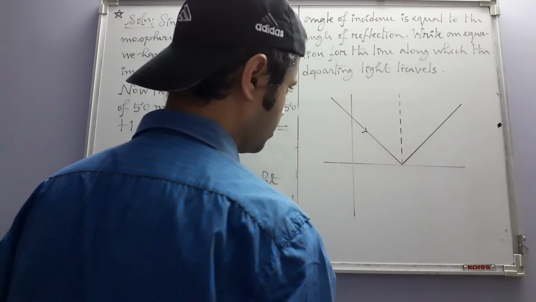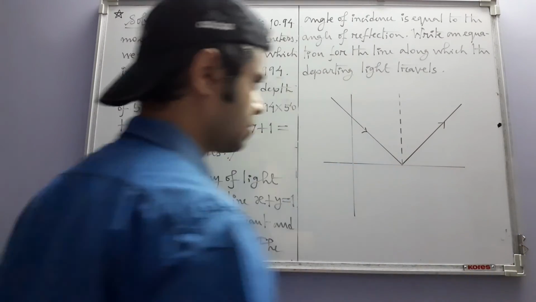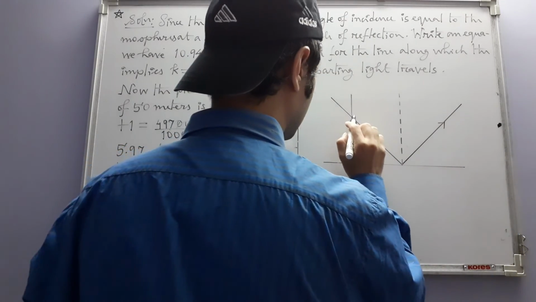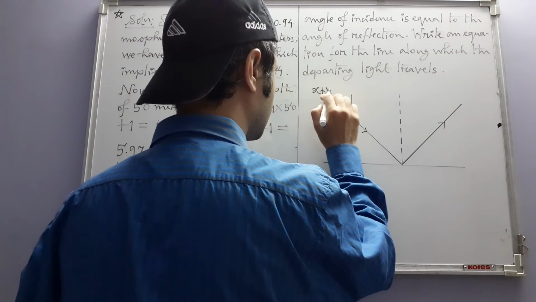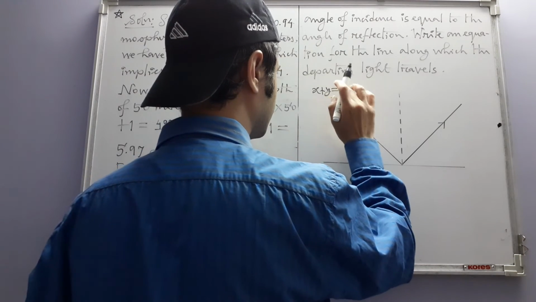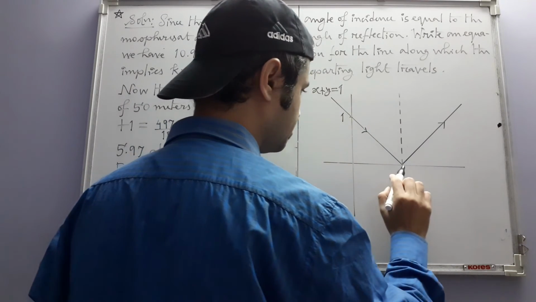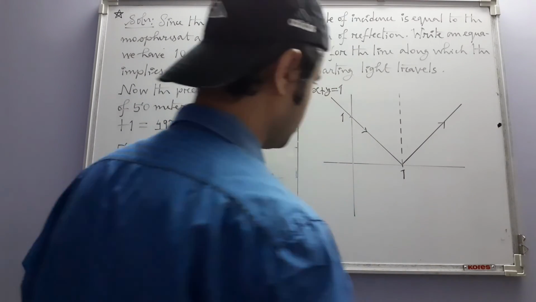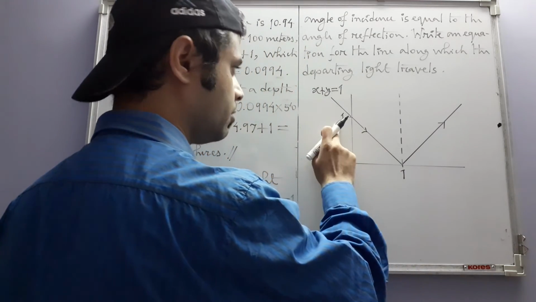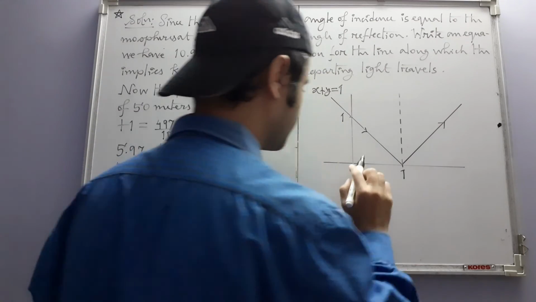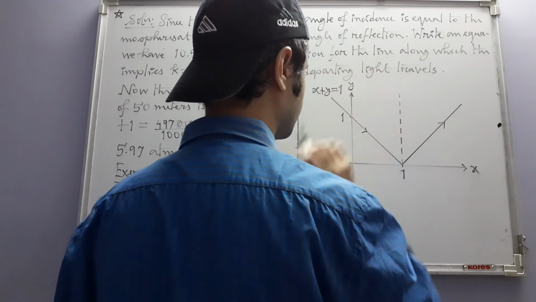So along this line the ray is coming, it's reflected and it's going like this. This is the line x plus y equal to 1. So its y-intercept is 1 and x-intercept is also 1, because both the points (1, 0) and (0, 1) are on this line. This is the origin, this is the x-axis and this is the y-axis.